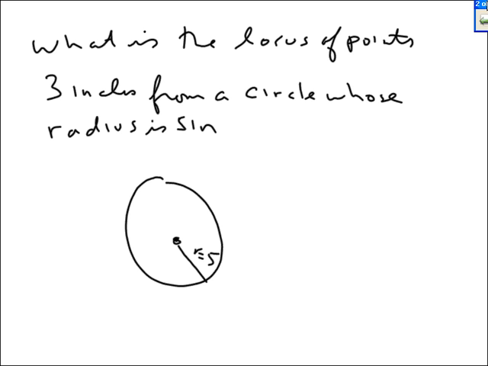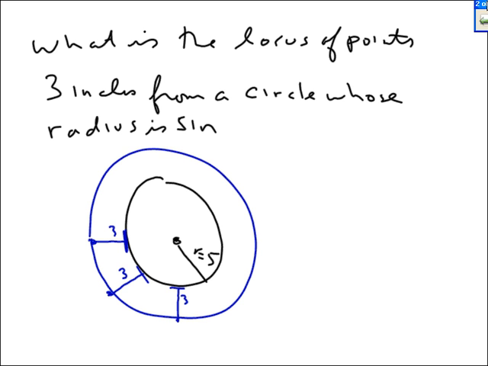Now, what are the points that are 3 inches away? Well, this point is 3 inches away from the circle. Remember, it has to be the tangent distance. This point is exactly 3 inches from the circle. In fact, every point on that circle is 3 inches from the black circle.